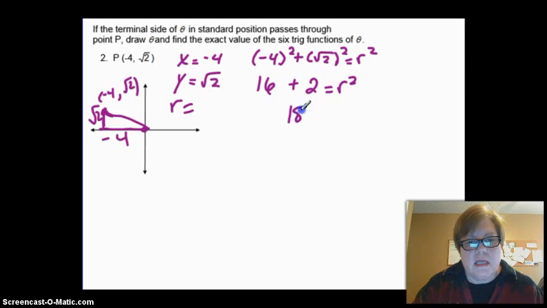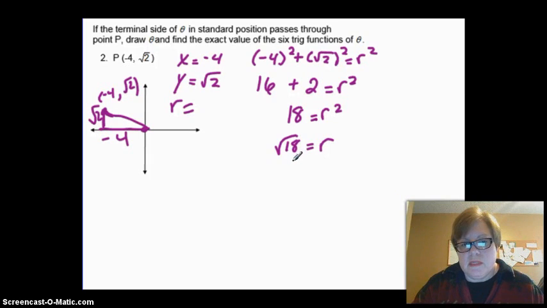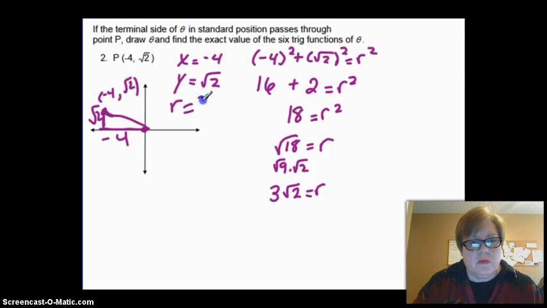So we get 18 equals r squared, which means r is the square root of 18. Okay. Square root of 18 will simplify because it is the square root of 9 times the square root of 2, which means it would be 3 square roots of 2. And we like to use the simplified radical versions wherever possible. Okay. So we know that r is 3 square root of 2.